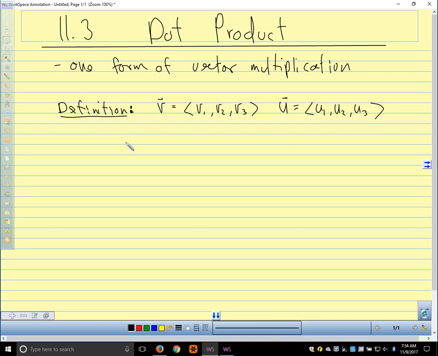V dot U, and we call it the dot product because we show the multiplication with a dot, is V1 U1 plus V2 U2 plus V3 U3. If we just had a two-dimensional vector, we would just have the first two. Each of these components is a real number, so this is a scalar. We do not get a vector out of a dot product.